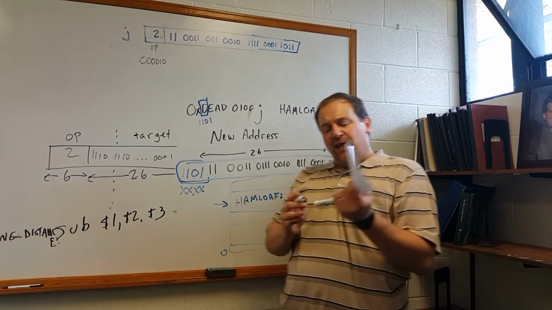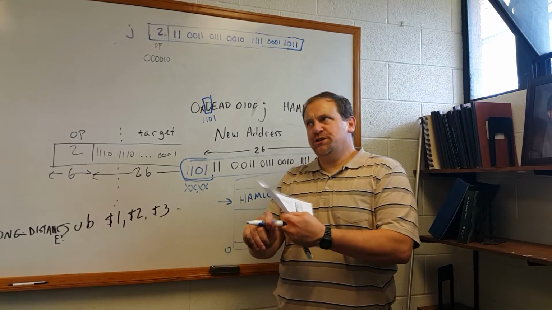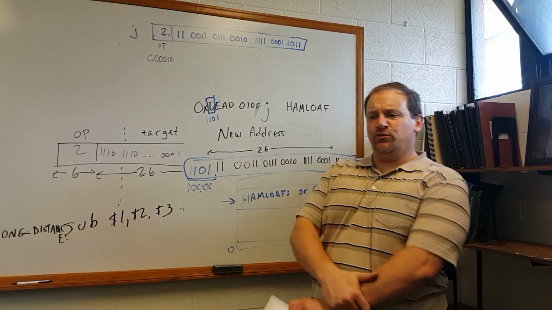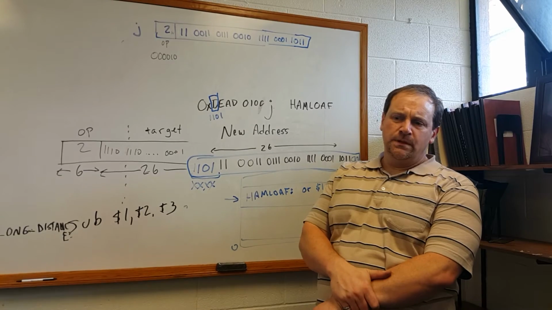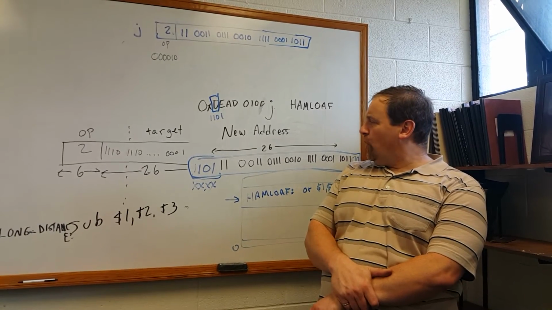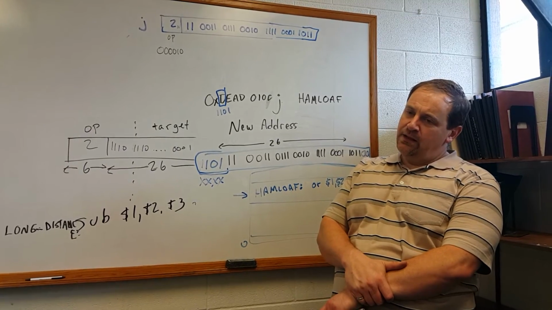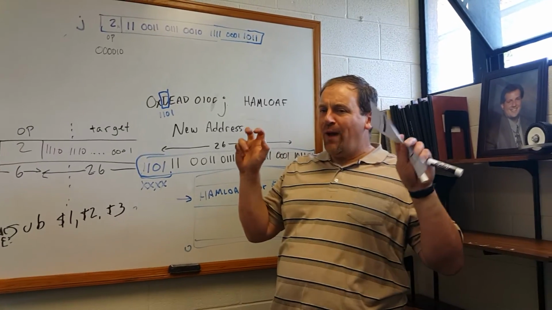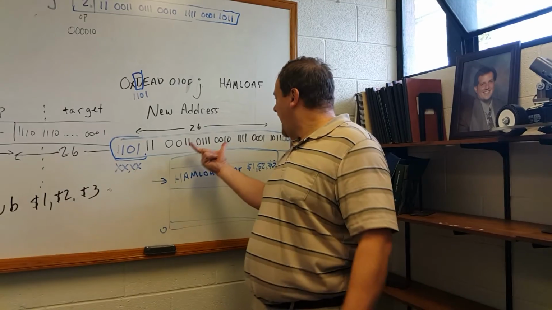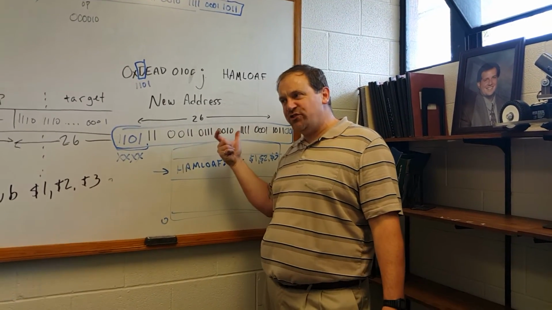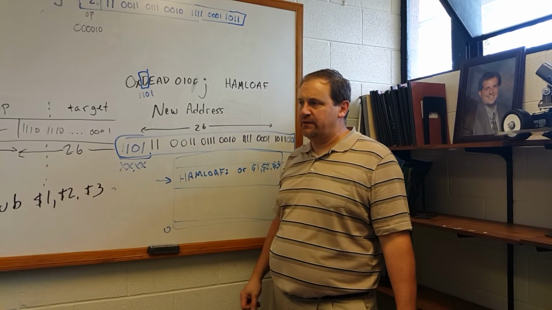So, to answer, hopefully, the question that one student had is, what's the difference between a branch and a jump? Well, the jump is not only always taken, but the jump is pseudo-absolute. We're actually encoding the bits of the target instruction. We're actually saying, where physically in memory is it?